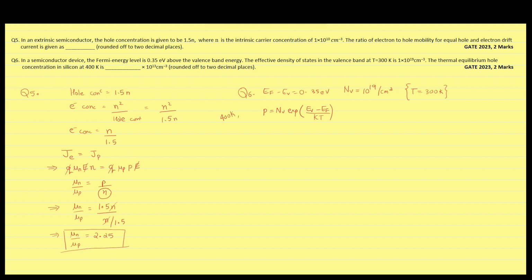So the effective density of states in valence band will change, and you also know that effective density of states is proportional to temperature raised to the power 3 by 2.